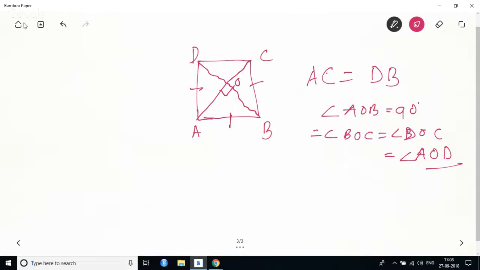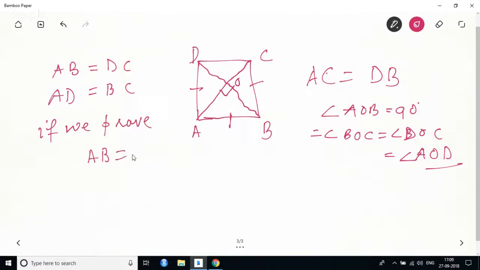So in the parallelogram, AB is equal to DC, it has been given to me, and AD is equal to BC, it has been given to me. If we prove AB is equal to AD or BC, then all four sides would be equal.